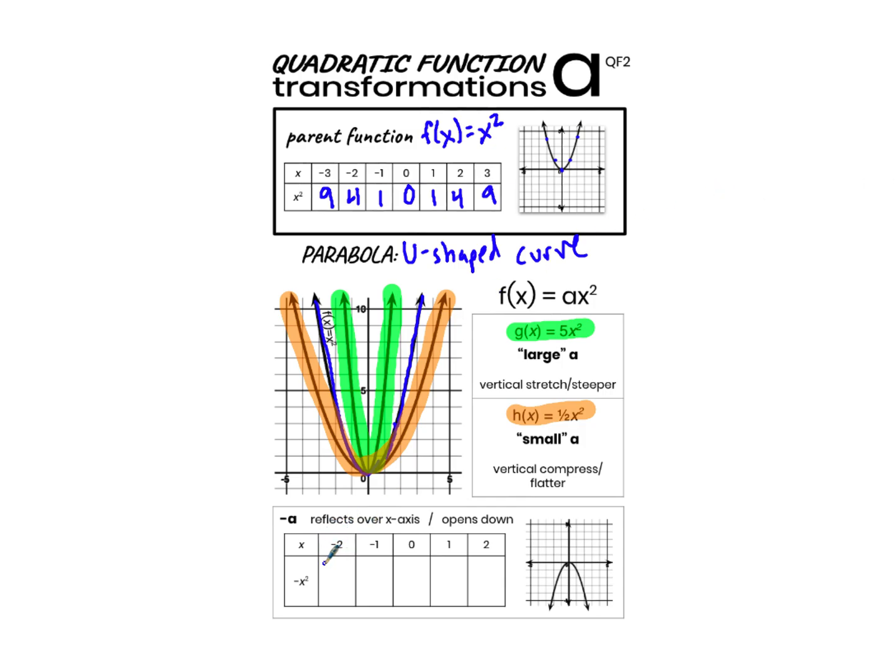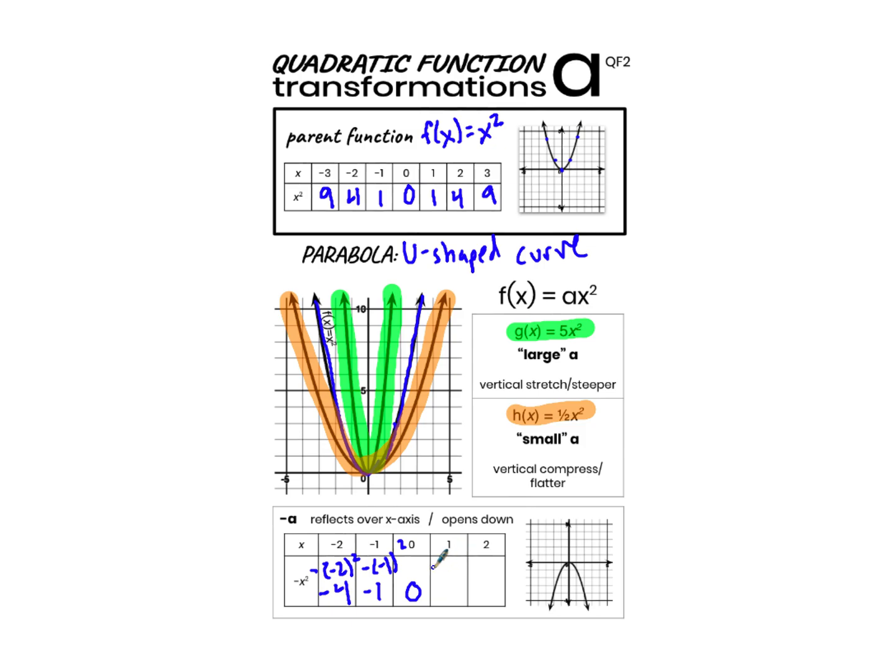So let's see, when x is -2, -2 squared. -2 times -2 is 4, and then this becomes -4. -1 squared. -1 times -1 is +1. And then this becomes -1. -0 squared is just 0.